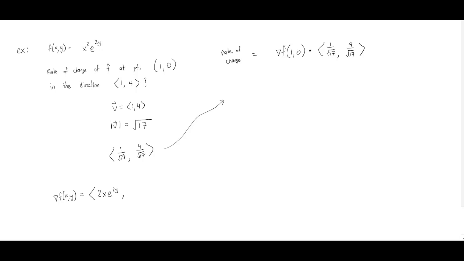The partial derivative with respect to y would be 2x squared e to the 2y. All right, is that good? Okay. So I want to evaluate the gradient at the point that we were given, 1, 0. So we're going to get 2 and 2, okay? So then I would plug that into here as well. So it's going to be the vector 2, 2, dot product with this direction vector.